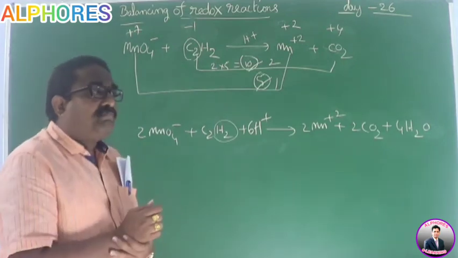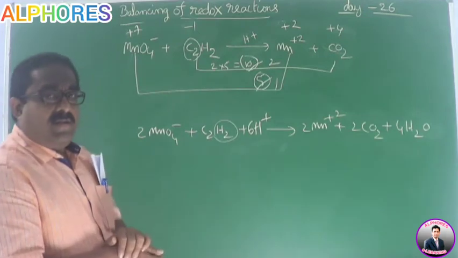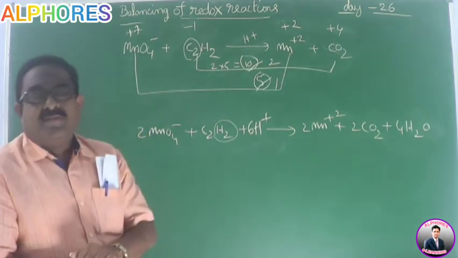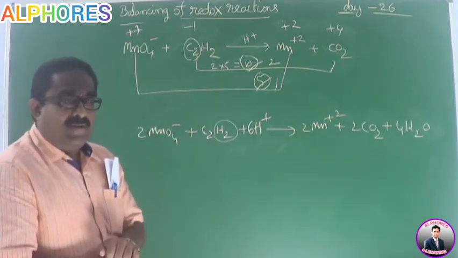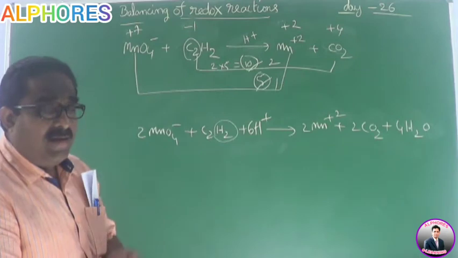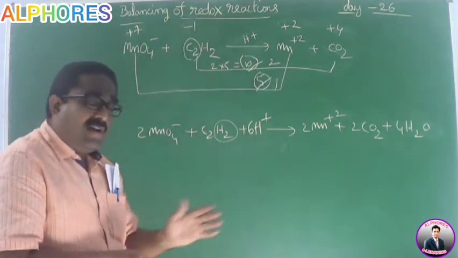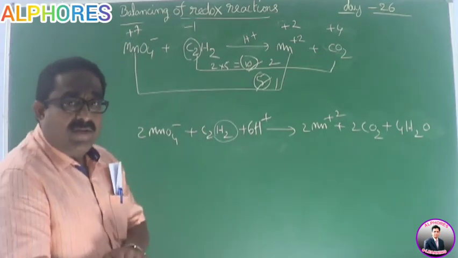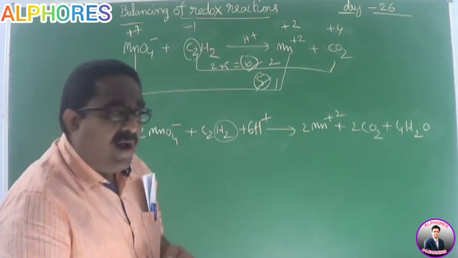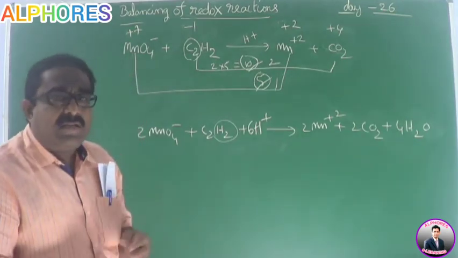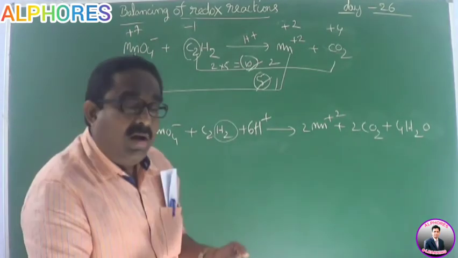And friends, coming to this species, permanganate. This is, I think, the 4th time I am discussing a redox reaction in acidic medium using permanganate ion. In all those reactions, permanganate is finally always reducing to Mn plus 2. So we have to remember that data, not for all the species, but at least for some important species like permanganate, dichromate, oxalate.